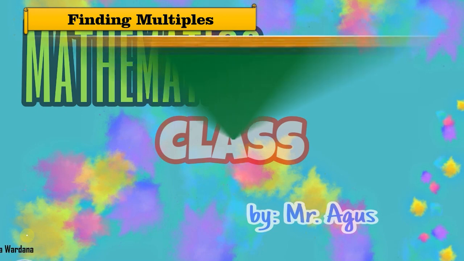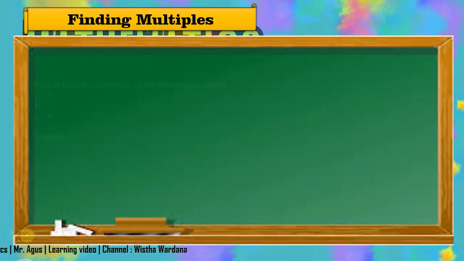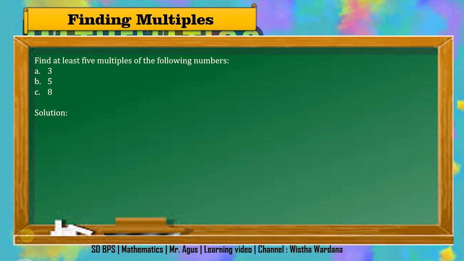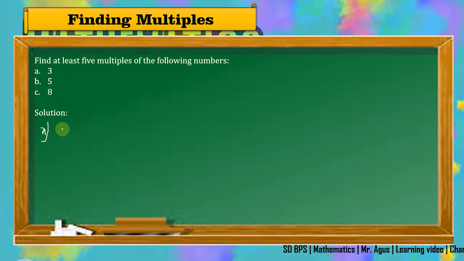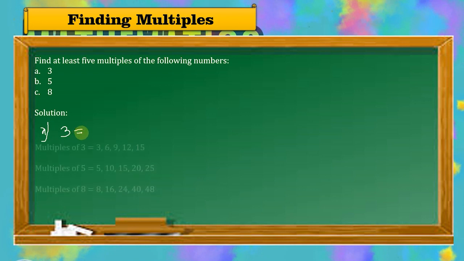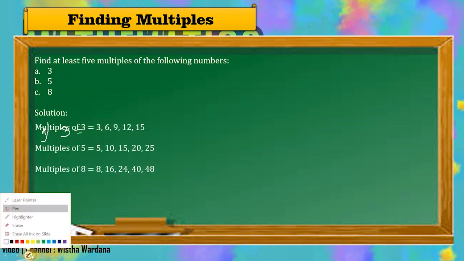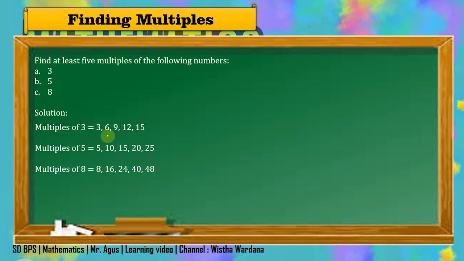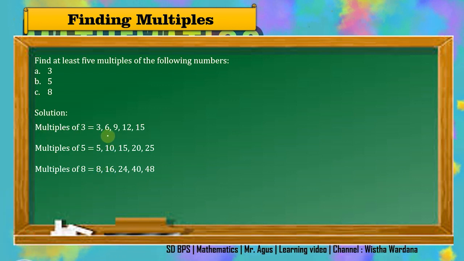Okay, in the next slide we want to discuss finding multiples. So I want to go directly to the example like this. Find at least 5 multiples of the following numbers: 3, 5 and 8. Multiples of 3 are 3, 6, 9, 12 and 15.